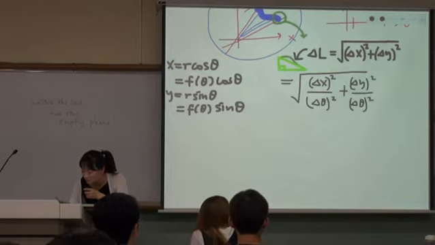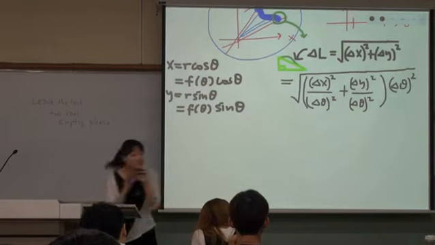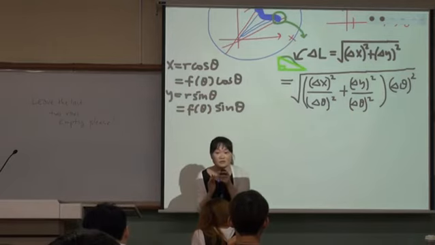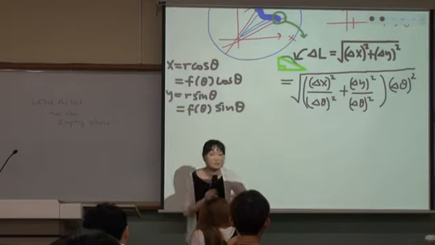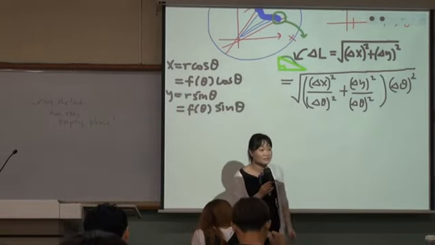What did I do? I divided by delta theta. So to undo it, what do I have to do? Multiply by delta theta squared. Did I change my original expression? No, I didn't. It's the exact same thing.